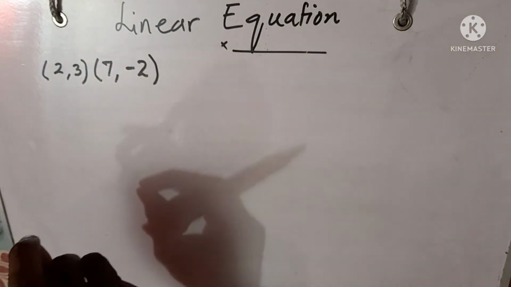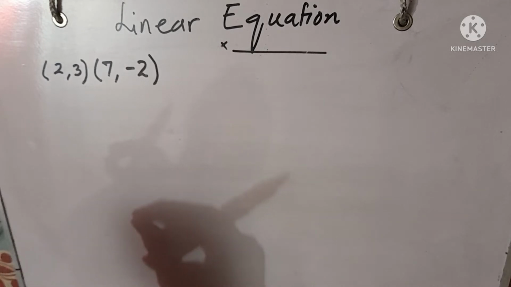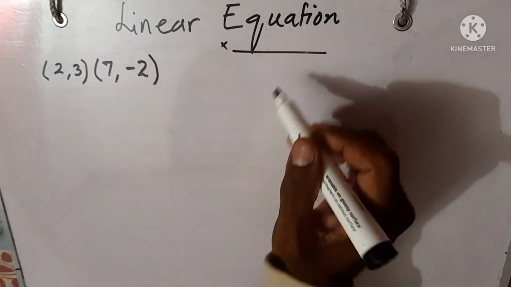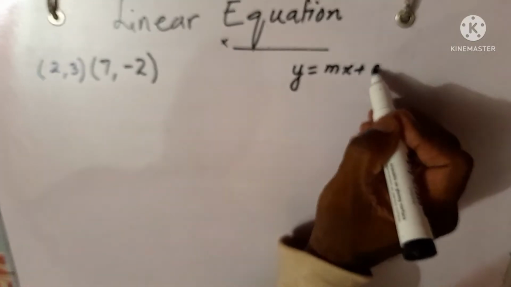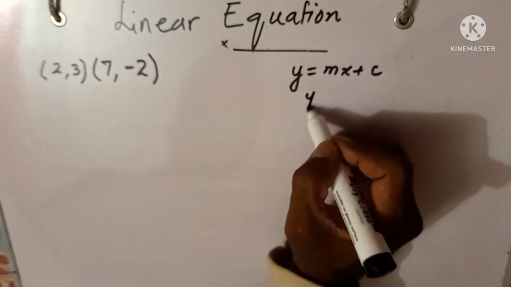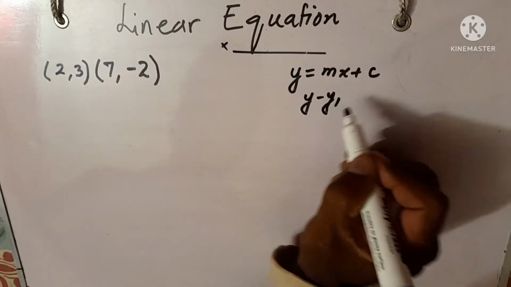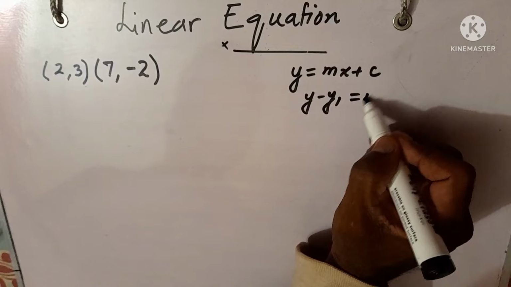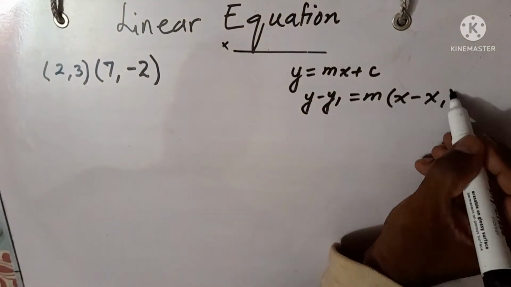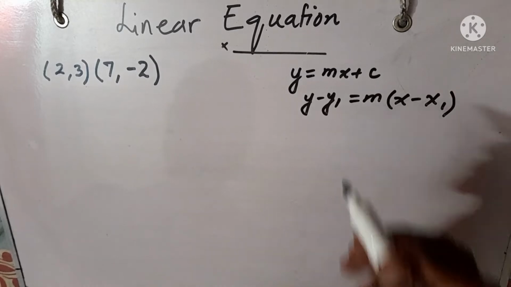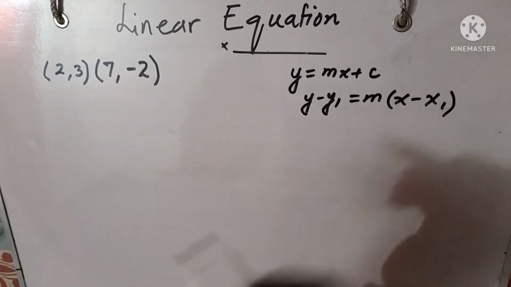First of all, I know that there are two forms of the equation of a straight line. One is y = mx + c, and the second one is y - y1 = m(x - x1). I can use any equation to find the equation of this straight line.